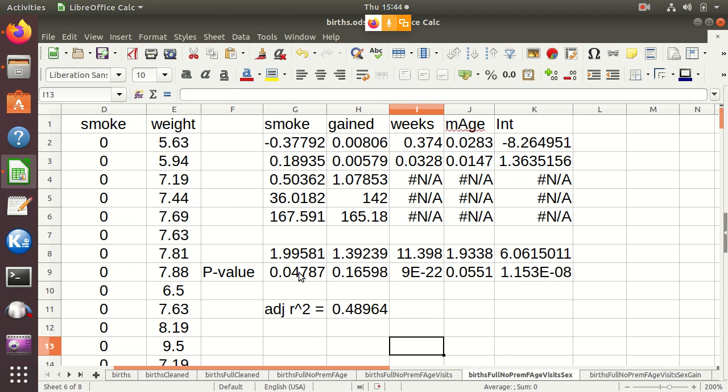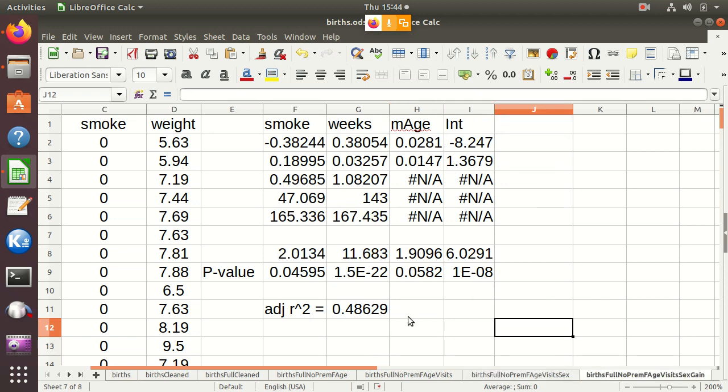As I looked at it, that p-value was so big, it just didn't seem right to keep that data column in. And now finally, I see that the weight gained by the mother is still not significant. Other things are at least somewhat significant. Now the age of the mother, not very, it's a little above 0.05, but I might keep that in just because it is down there.